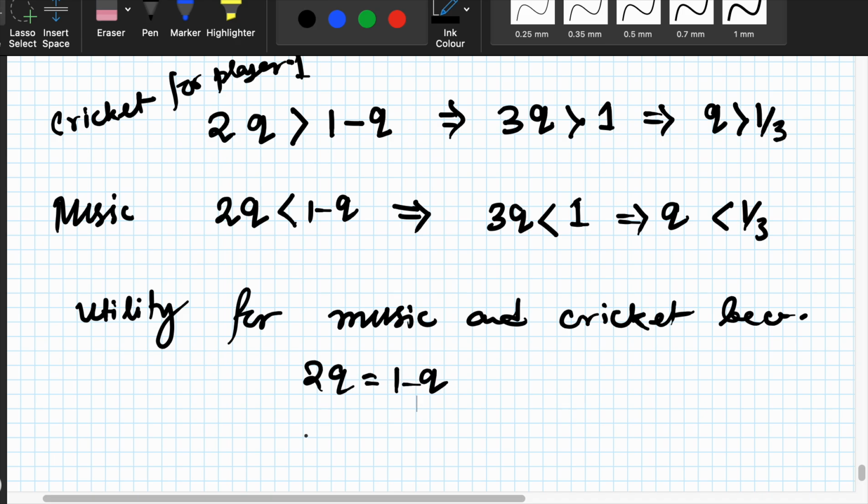So the utility of going to a musical concert or watching a cricket match will be equivalent. So at q equal to 1/3, both cricket and music give player 1 equal payoff, so whatever way he mixes his strategy, every strategy gives him an equal payoff, which means every strategy is a best response.